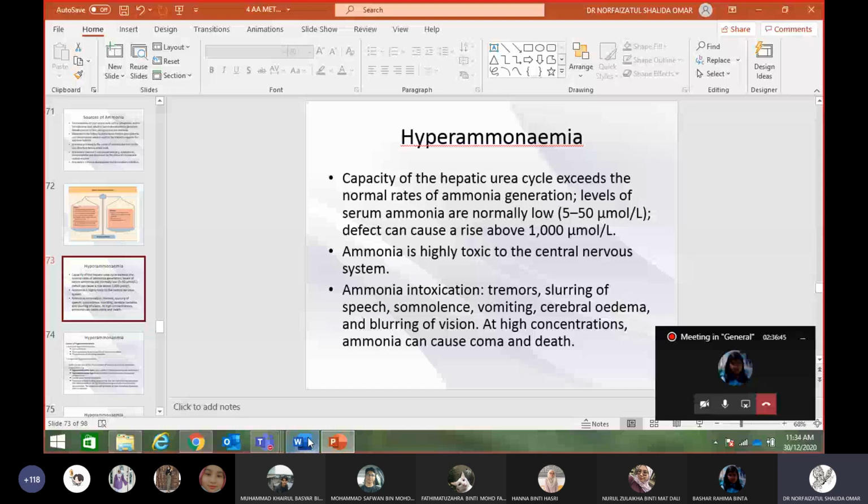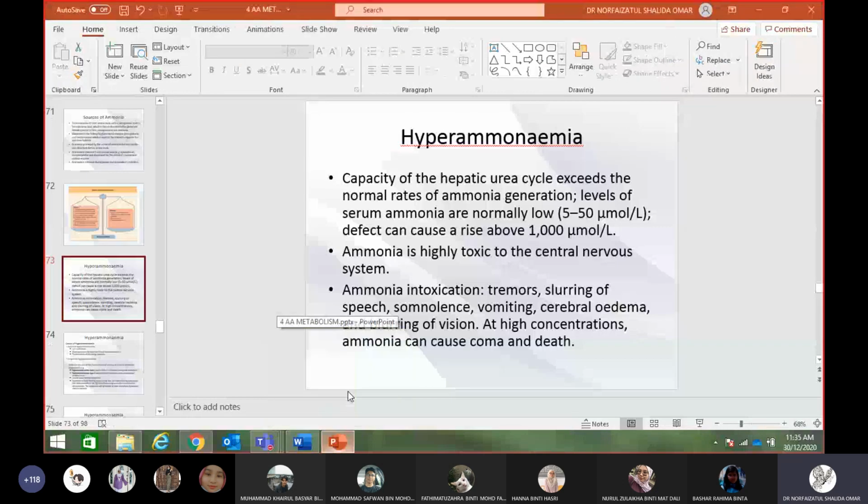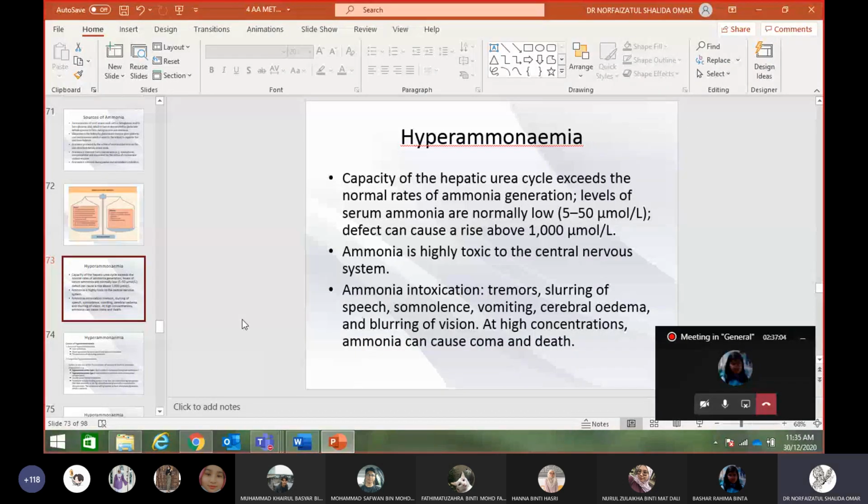If there's a liver disease, what happens to the blood ammonia? Why, if there's a liver disease, can ammonia increase? What do you think will happen?